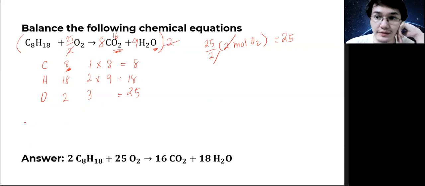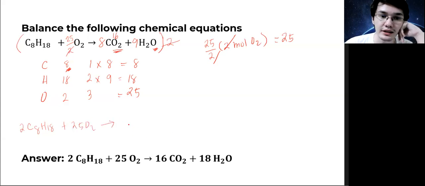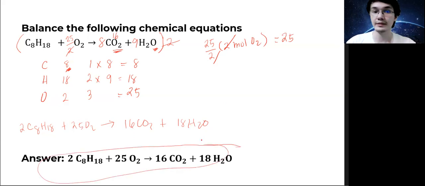So ang final na chemical equation now is 2 moles of octane plus 25 O2 yields 8 times 2, 16 carbon dioxide moles. Then 9 times 2, 18 water moles. So na-tay balanced chemical equation.